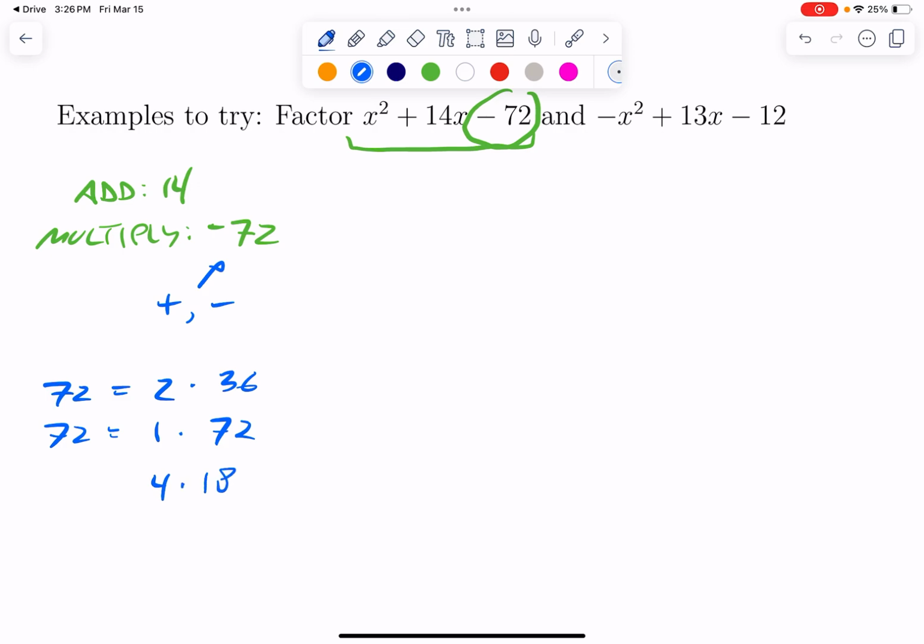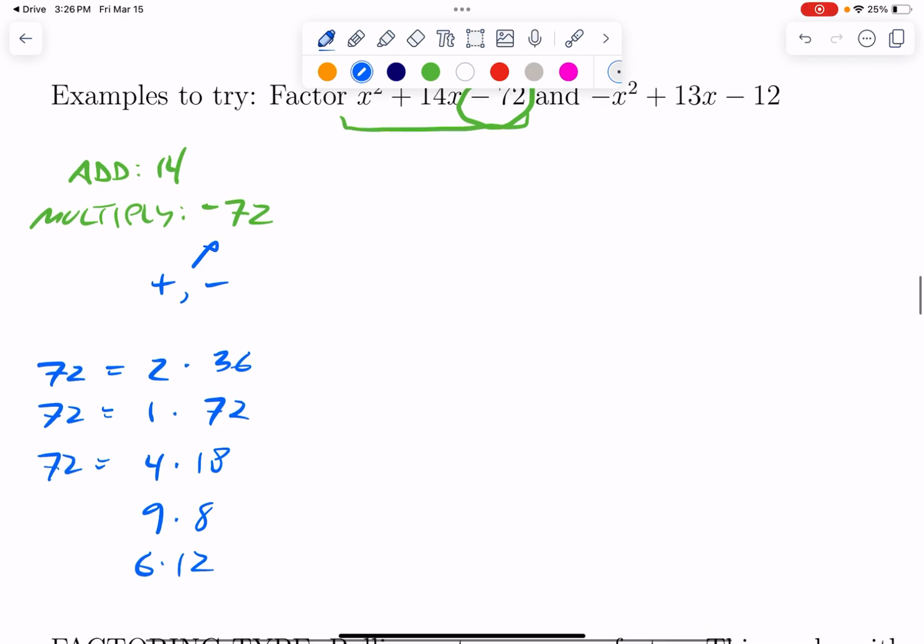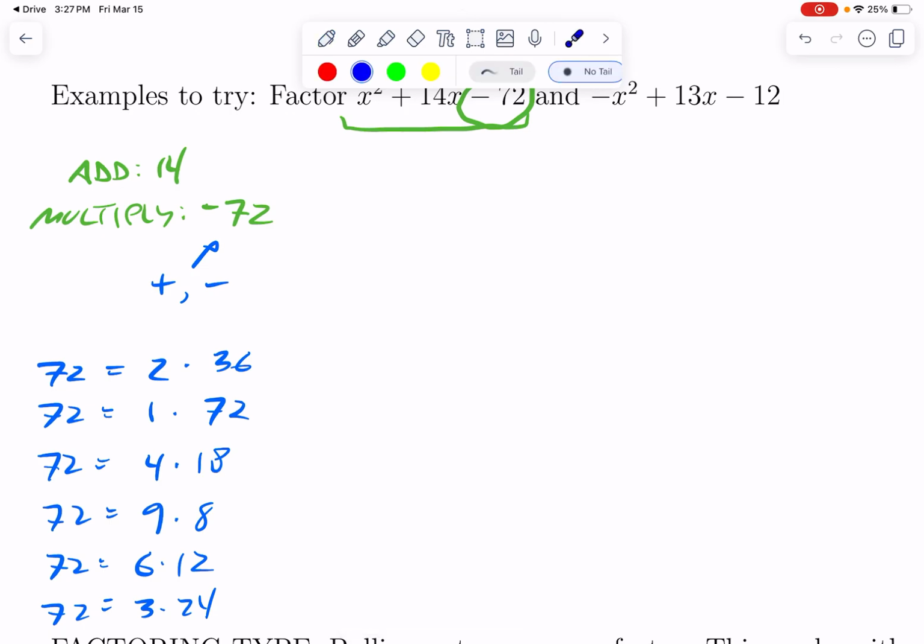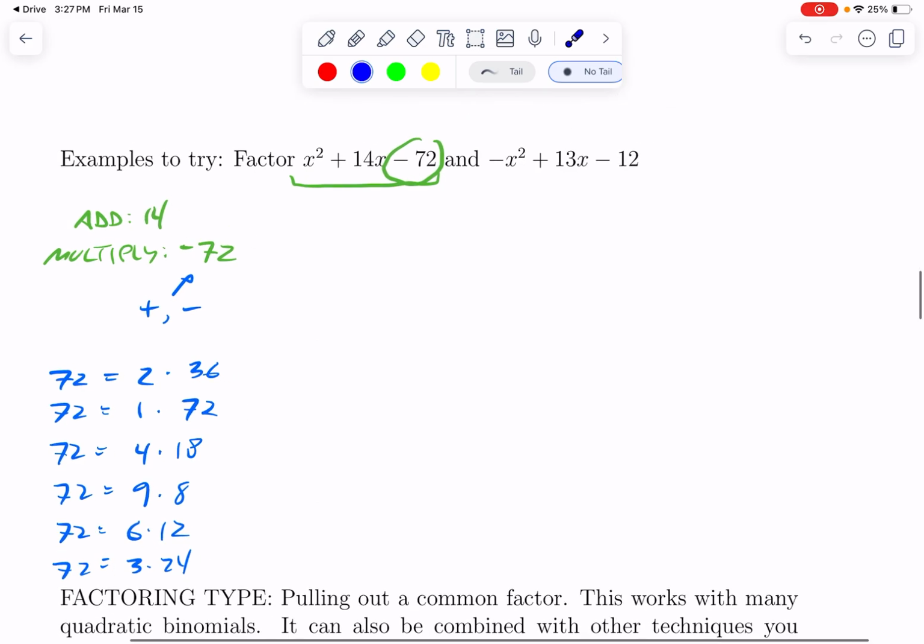It's 4 times 18. It's 9 times 8. It's 6 times 12. It's 3 times 24, right? This first example is actually a little challenging because there are many different ways. And then if we want to get negative 72, basically we take one of these numbers and make it negative. So after experimenting a little bit, hopefully you realize that the numbers that would work would be positive 18 and negative 4.